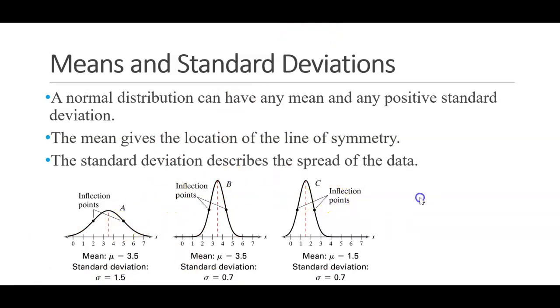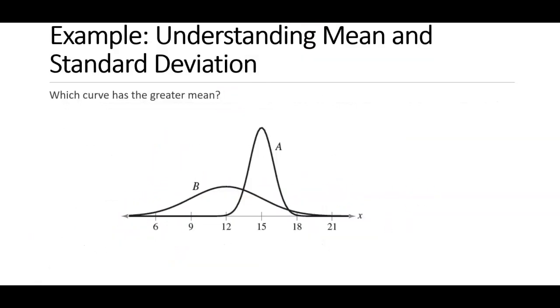All right, so let's look at the next one. Understanding the mean and standard deviation. Now I'd like you to take a minute, pause the video, and look at the graphs. I have two graphs here, A and B, both normal curves. If I ask you which one has the greater mean, I cut exactly in half, right? Because that is going to be my mean. One is 15, one is 12.